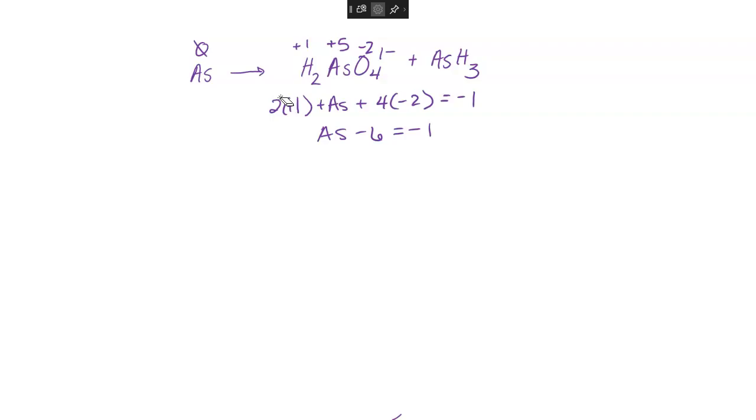Arsenic hydride. What does hydrogen have to be? Nope. +3. It's that exception that we talked about, technically arsenic's a metalloid, plays both parties.